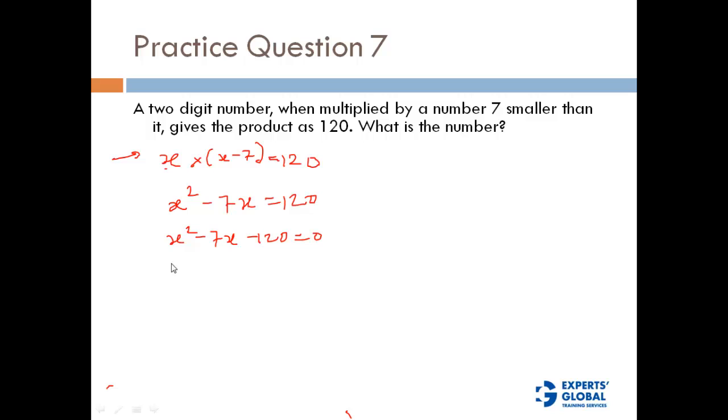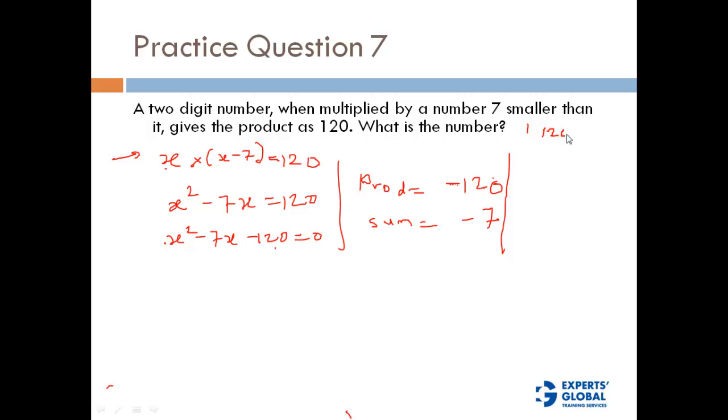We need to find two numbers whose product is 1 into minus 120, whose product is minus 120 and whose sum is minus 7. Right? Now this can get a little tricky with the negative numbers, but let's look at it. So what would be the factorization of 120? Don't worry about this negative number. Let's factorize only 120. So what are the factors?